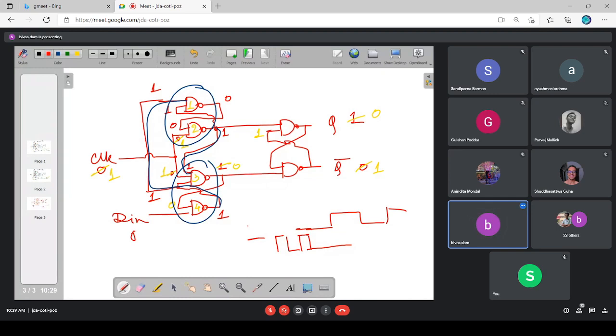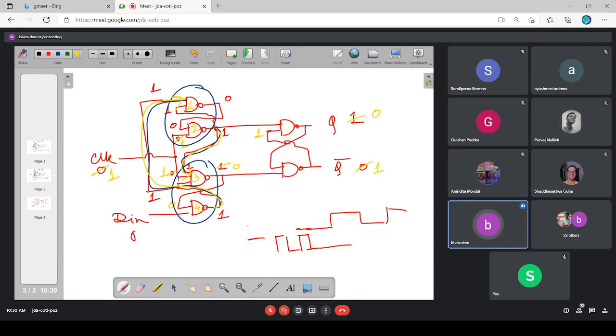One is coming by this side, and the other one is coming by this side. This special type of feedback is used to incorporate edge sensitivity at the output with respect to the clock. In the case of SR flip-flop or JK flip-flop, the feedback structure is more complicated.